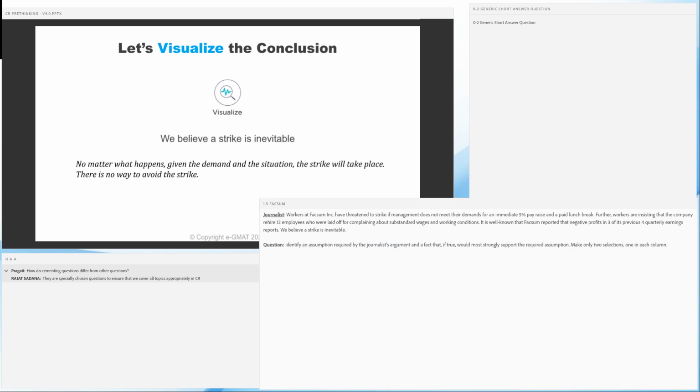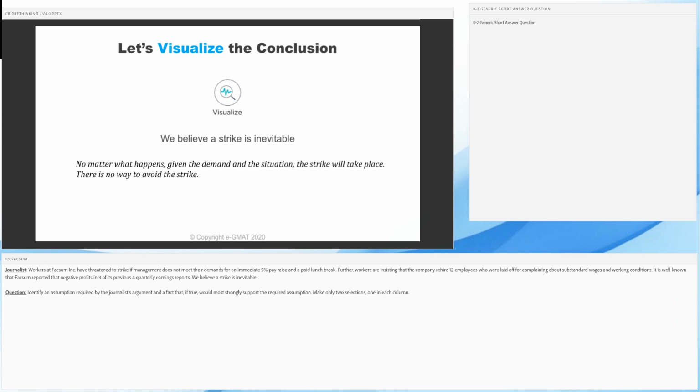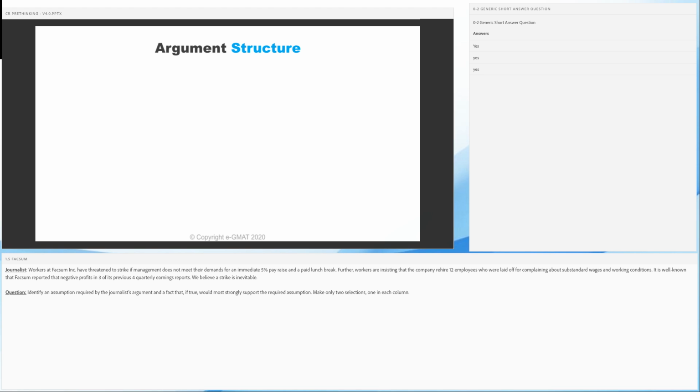Here is the argument. It's at the bottom. Can you guys see the argument? Okay. All right. So let's look at the structure of the argument. What's going on here? The workers have a couple of demands. They want to increase the pay, they want this lunch break, and they want certain people to be hired.